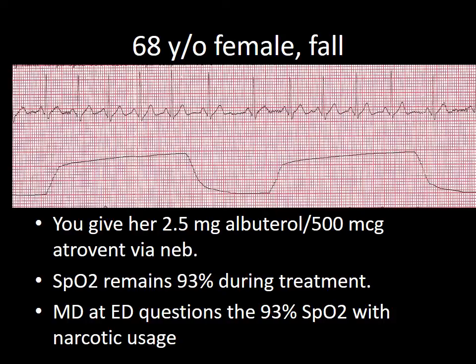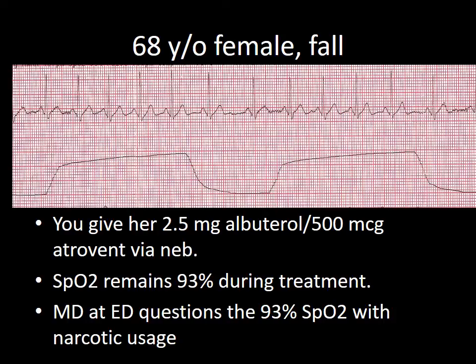We get to the hospital and give a report and everything, and go to get a signature for the call sheet, and the physician questions the SpO2, wondering if that little bit of fentanyl actually caused some ventilatory suppression.